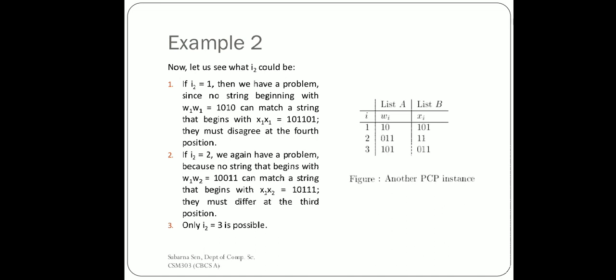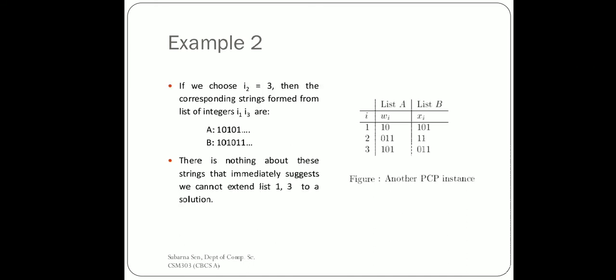If we consider I2 as 3, it is W1 then W3, so it will be 1 0 1 0 1 for the first list, and for the second it is 1 0 1 0 1 1.